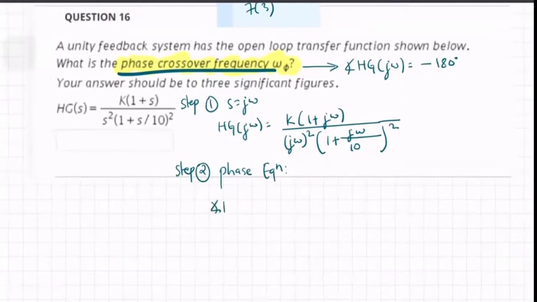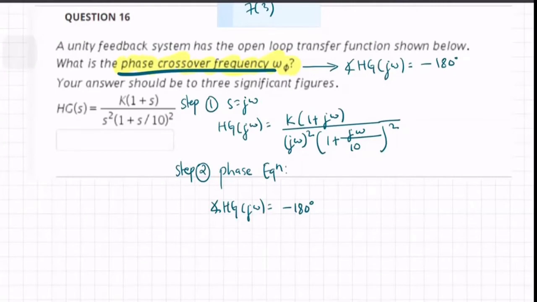So the angle of HG of j omega equals, we need to look at the denominator first. Since this is second degree, we multiply 90 degrees by 2, which is negative 180 degrees. I'm writing negative because this is in the denominator.